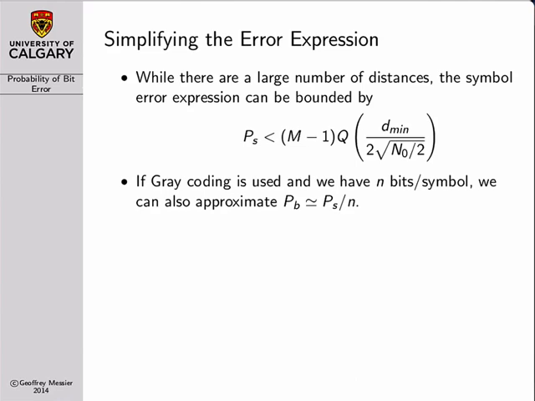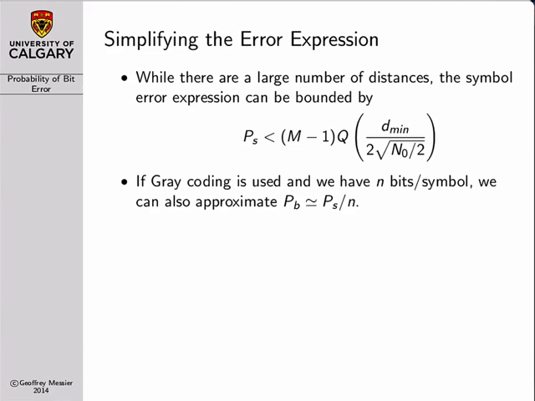So what we had on the last slide was an expression for the probability of confusing two specific signal vectors in the presence of Gaussian noise. However, a constellation is made up of a whole bunch of different signal vectors, and so we've got a whole bunch of different distances that we need to take into account.